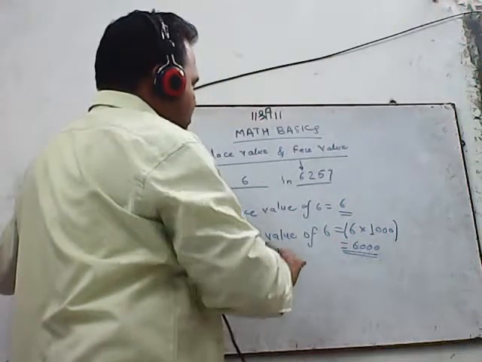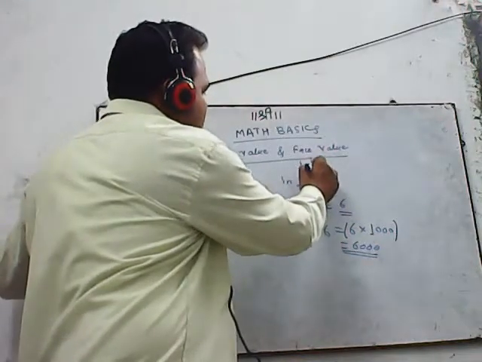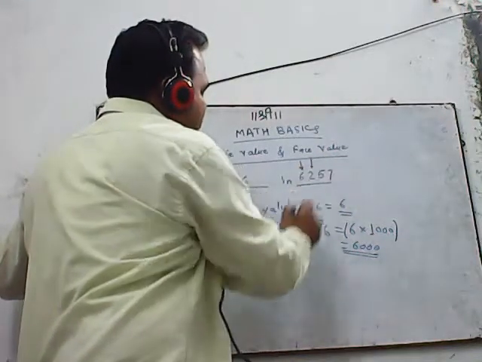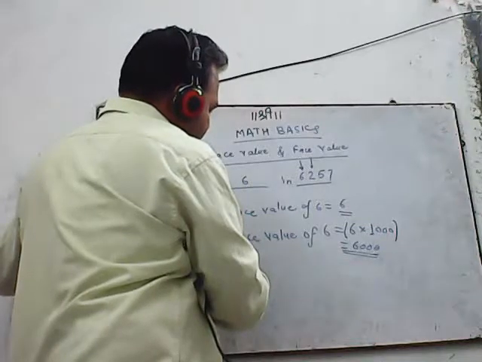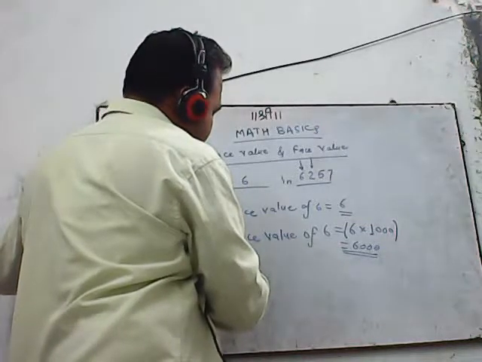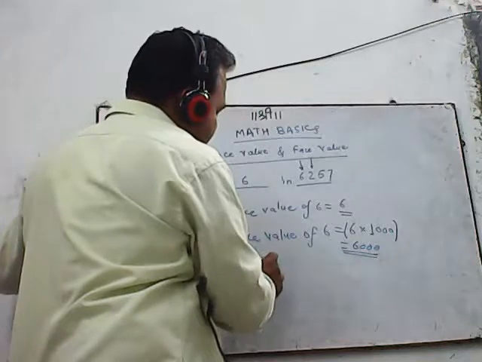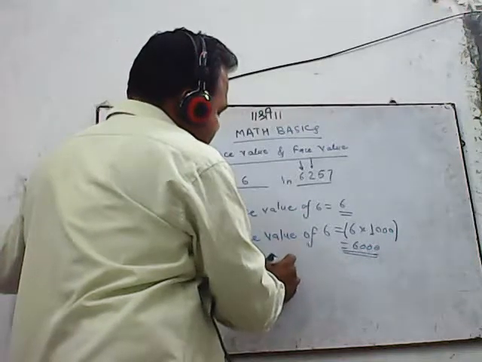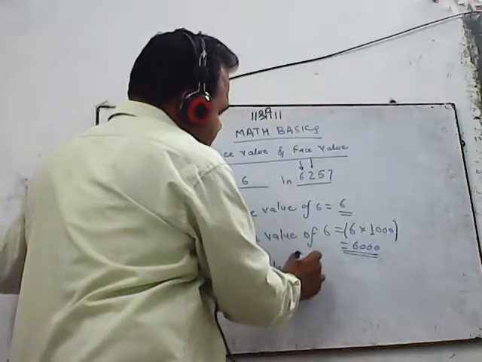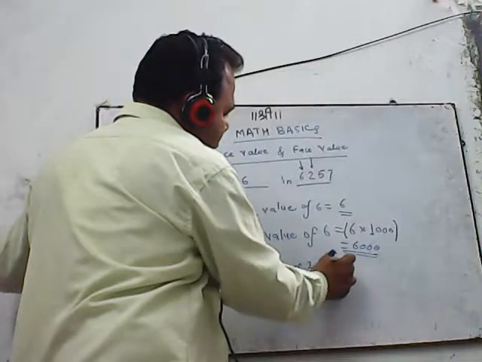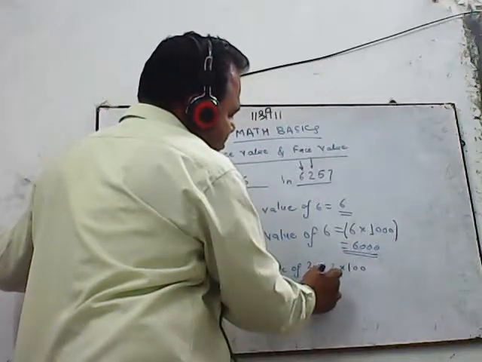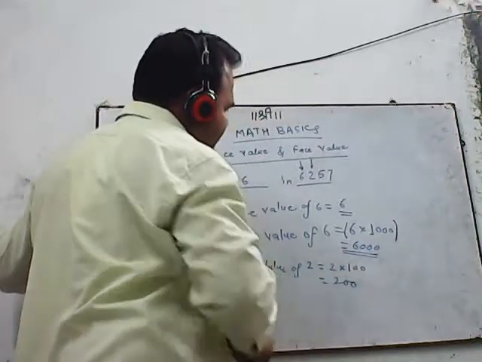Okay. This 2 is at the 100 place, so I can write the place value of 2 as 2 into 100, which is equal to 200.